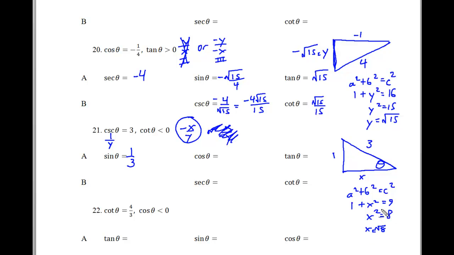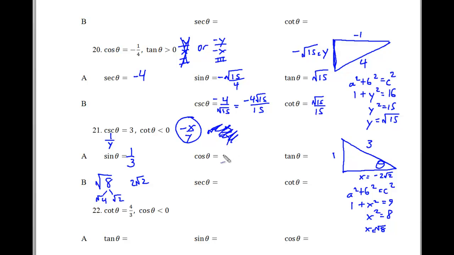But hold on here, folks. We can't actually just say that x is equal to negative square root of 8, because the square root of 8 you can actually break down into the square root of 4 and the square root of 2, or 2 square roots of 2. So x is equal to negative 2 square roots of 2, which is important because this definitely puts into play what we have to do here for our cosine and secant.